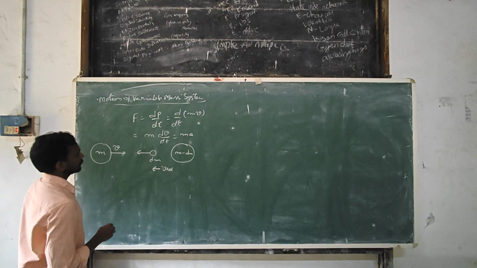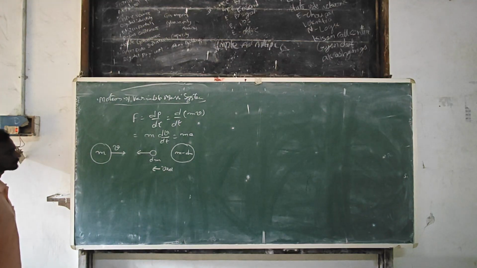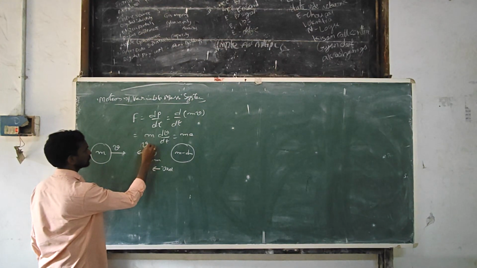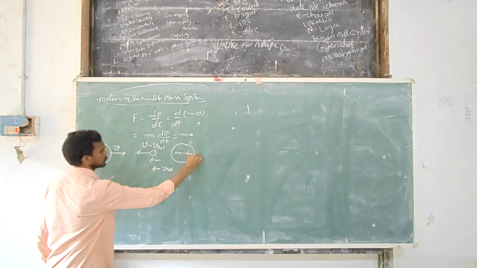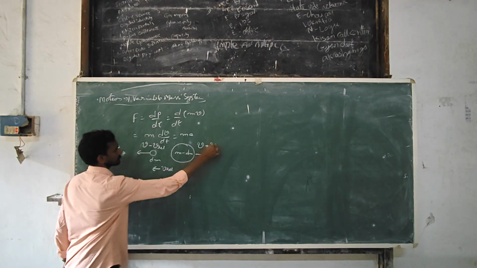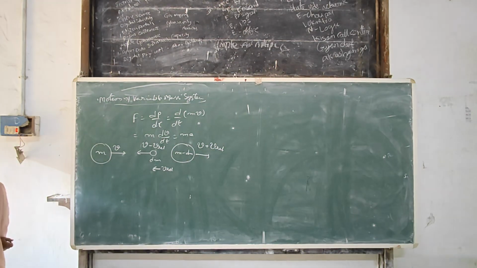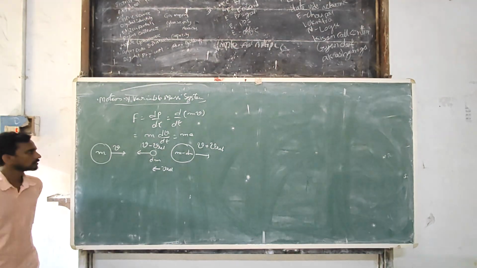So then what is the actual velocity? This velocity is v minus v relative, and here the velocity is v plus v relative. Okay.